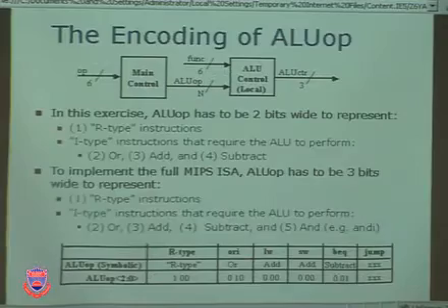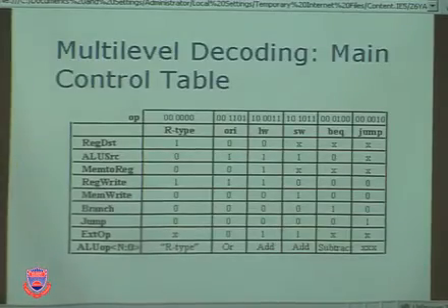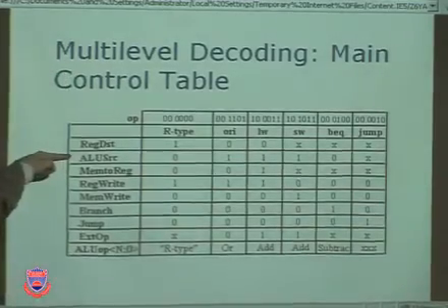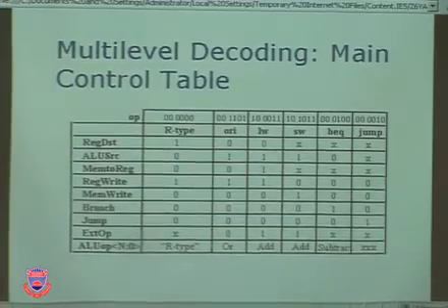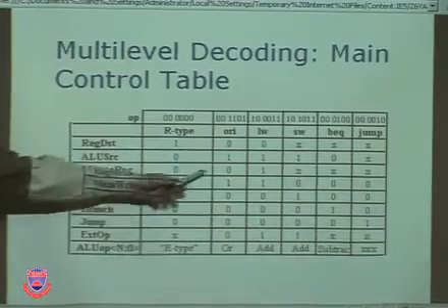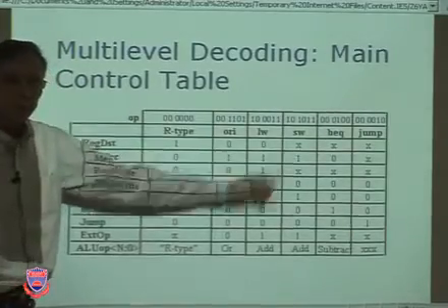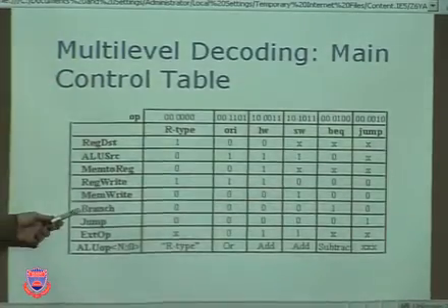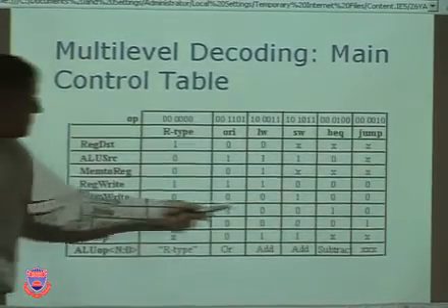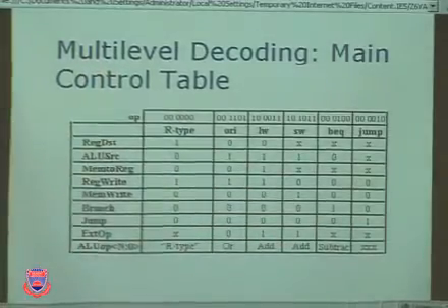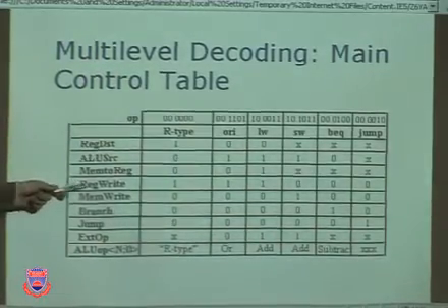Can anybody look at this and tell me when is ALU source true? When is ALU source true? ORI, or load word, or store word? Can anybody tell me when branch is true? Only on BEQ. Can anybody tell me when reg write is true?